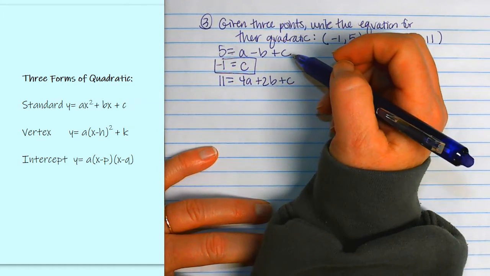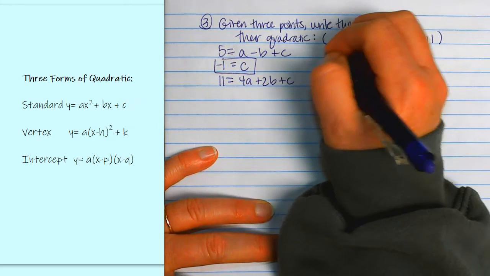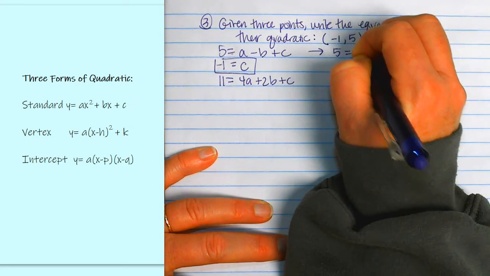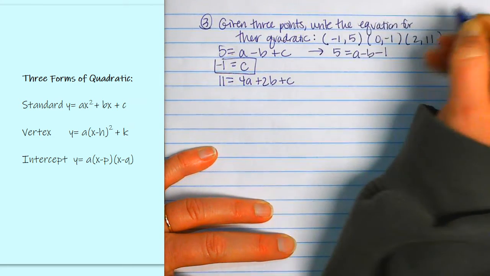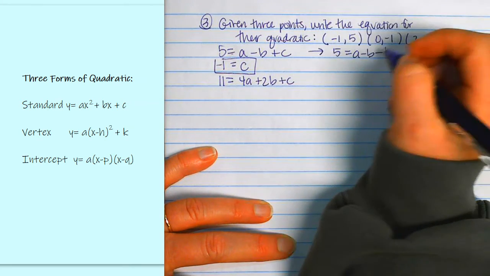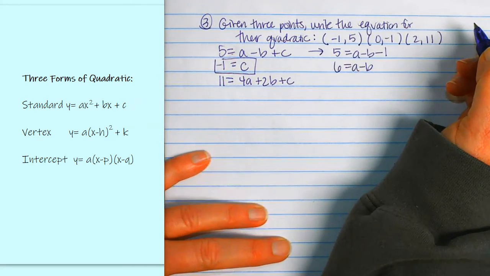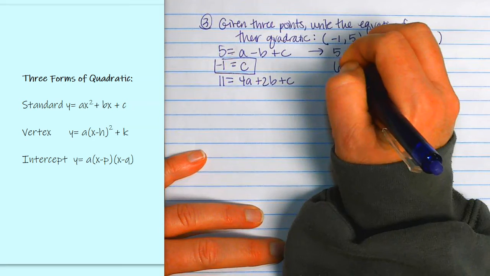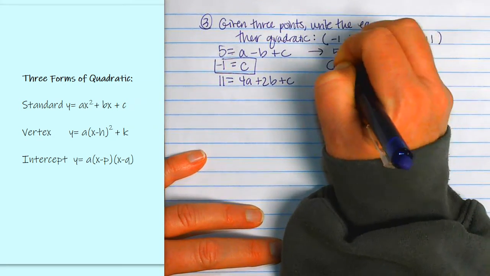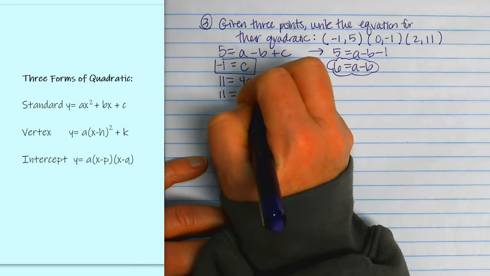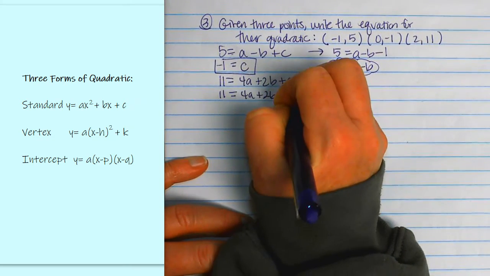So I'm going to do the same thing as last time. I'm going to plug negative 1 in. That gives me 5 equals A minus B minus 1. And that simplifies to 6 equals A minus B. So I'm going to work with this one in a little bit. I'm going to simplify this to 11 equals 4A plus 2B minus 1.